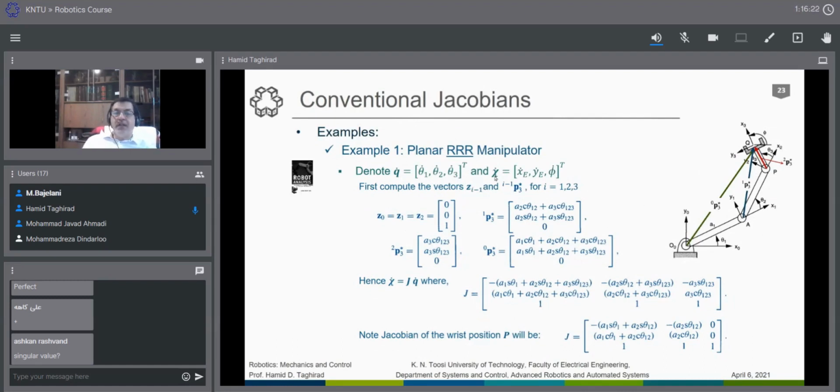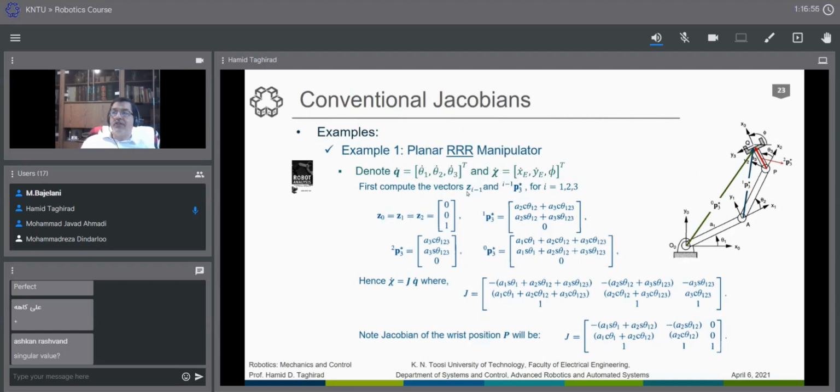And we have the end effector variable, which has the velocity x e dot, y e dot, and phi dot, where phi is the orientation of the end effector, while x e and y e are the position of the end effector. Now we have both of them all together. We would like to find the Jacobian by this general method.